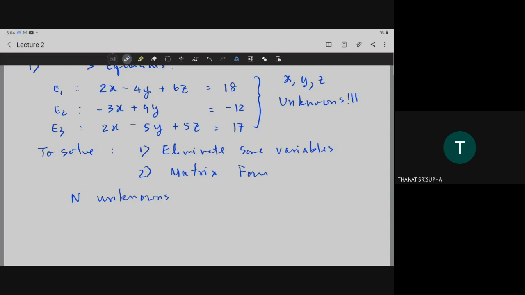In general, we need at least n equations. If there are fewer than n equations, sometimes it's not solvable.